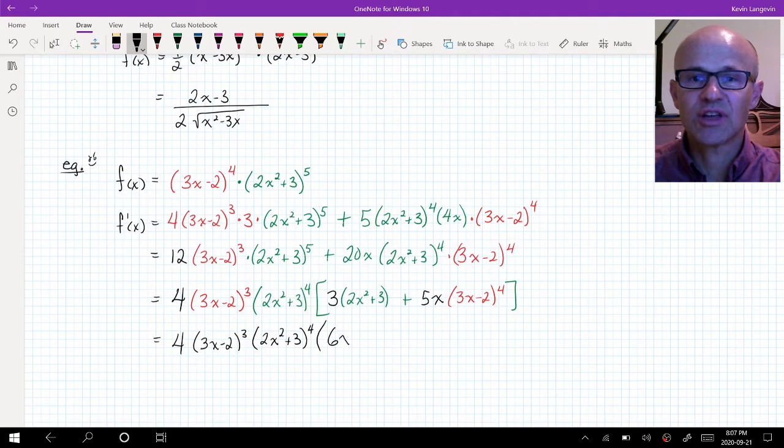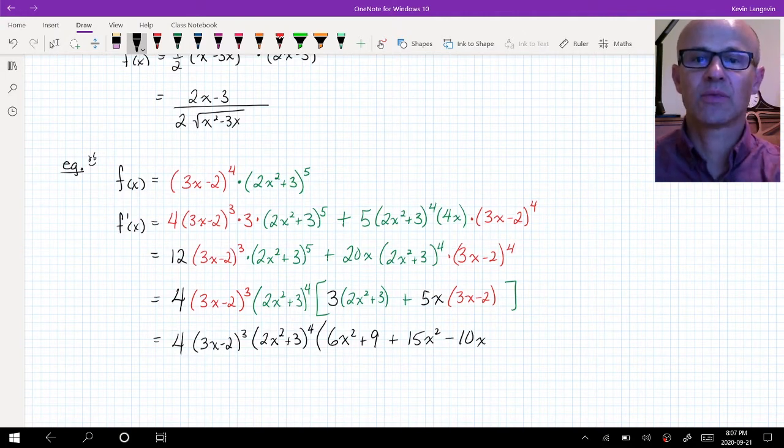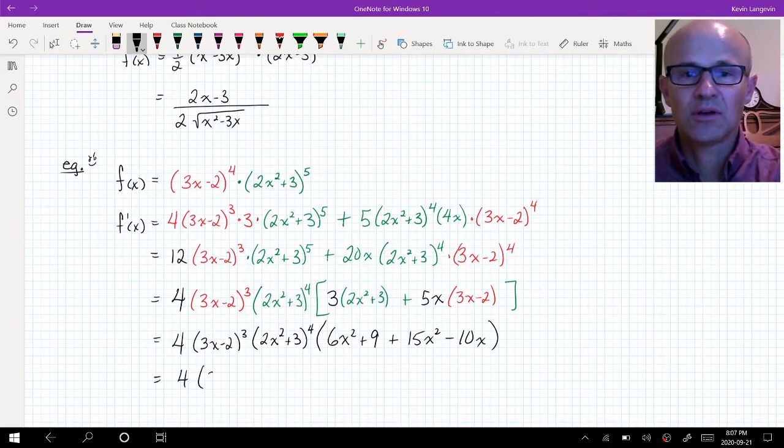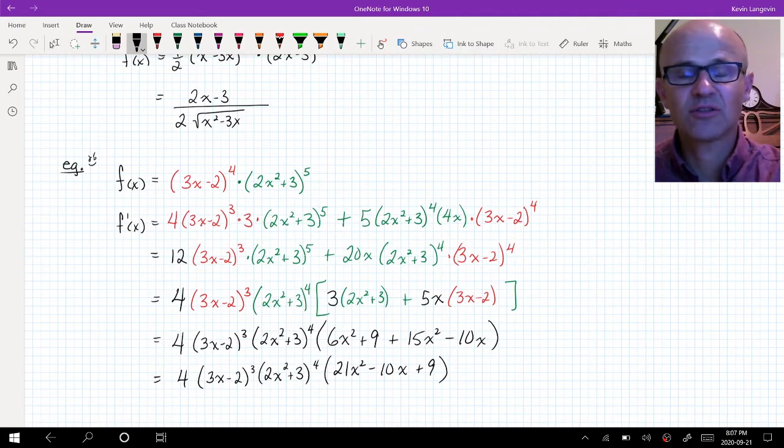Oh, I see a mistake there. I've got to get rid of the exponent of 4. I don't think it'll be on your notes by the time you get to it. There, it's gone. So the pieces that are in the front, I just leave them out there. And then the piece inside, those big square green brackets, I just keep cleaning up until I'm done. Sometimes that can be factored, but not very often.